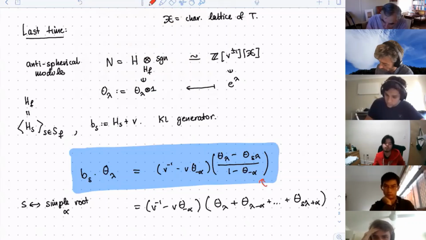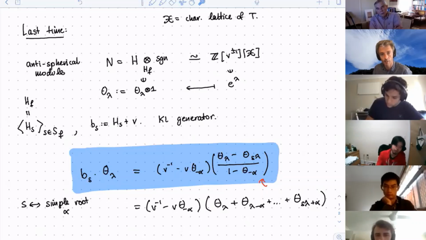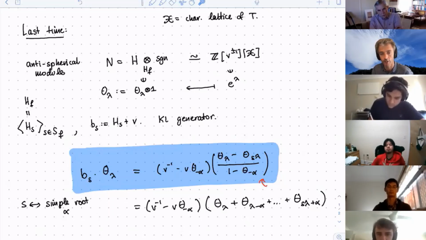This is a short way of writing this. So we should think about this formula as being a formula on the constructible side. And now we want to interpret this in terms of the K-theoretic side, so in terms of the coherent side.